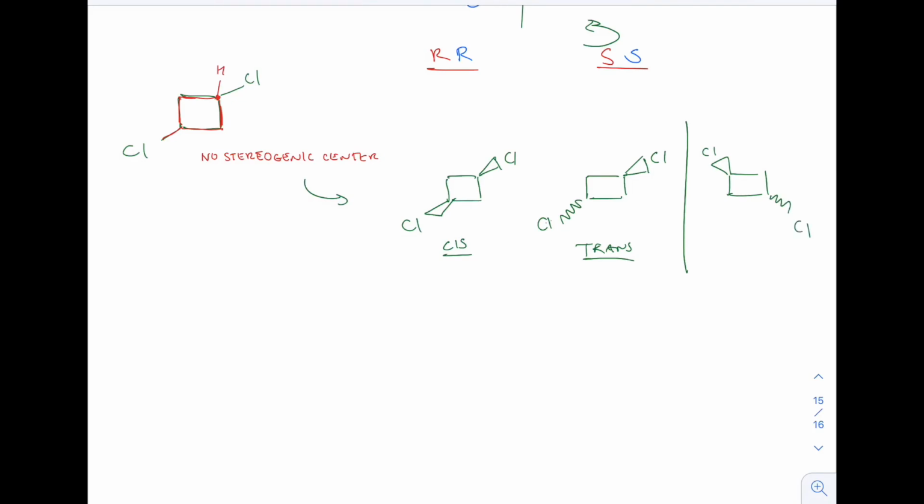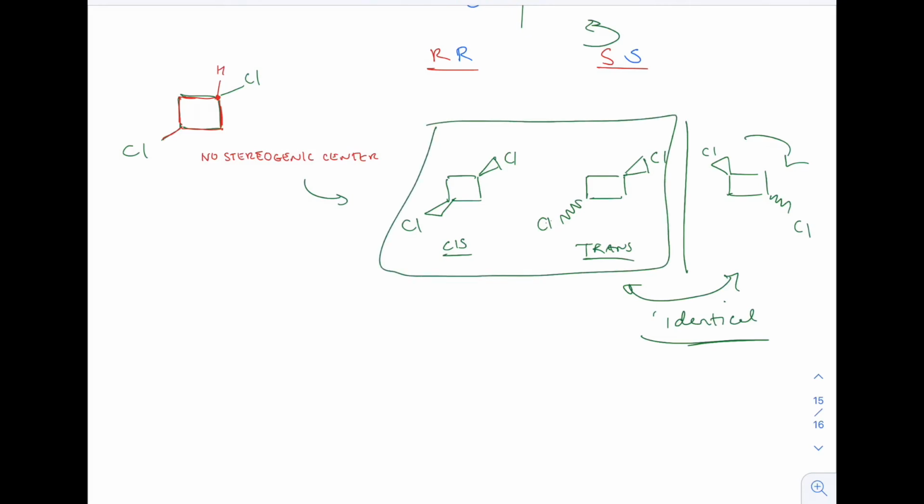Now, if I rotate that particular mirror image compound to the right just a little bit, you can see that it's actually the same as the other trans compound that we've drawn. And so these are the only two stereoisomers that we can draw for this particular compound. Because remember, if we draw a cis with dashes, then it's the same compound. We just have to flip it over.